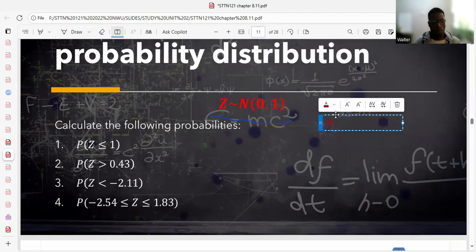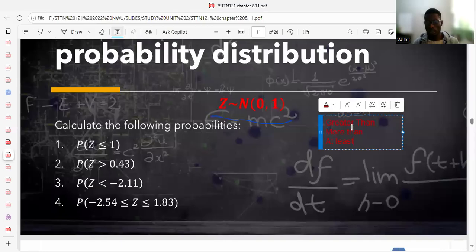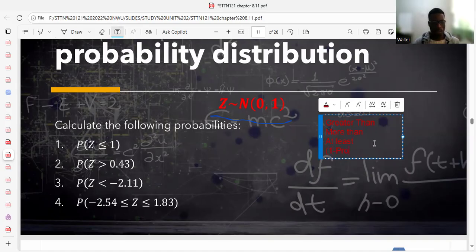Guys, if you are dealing with greater than, more than, at least, if you're dealing with these three, this is when you are going to use 1 minus the probability. I'm going to show you this one.